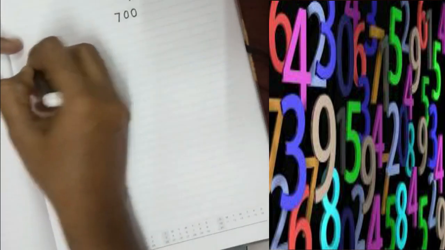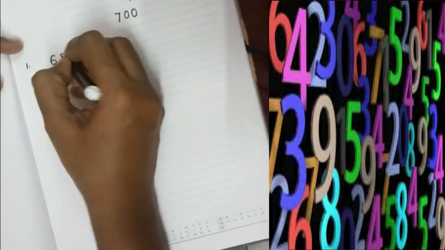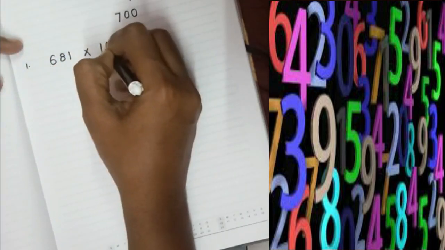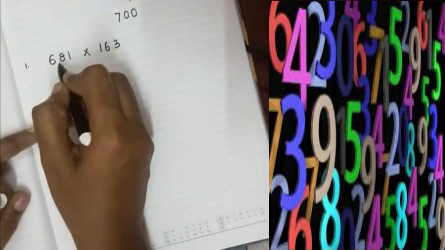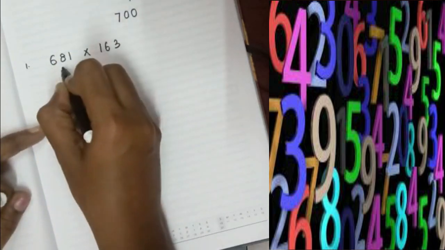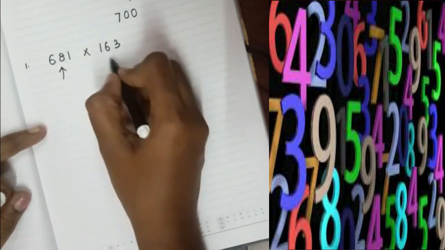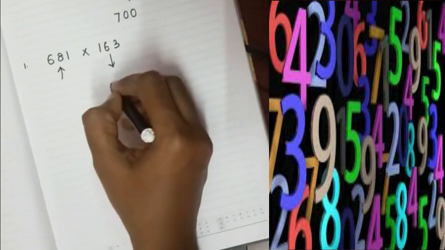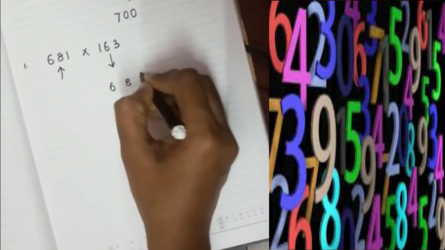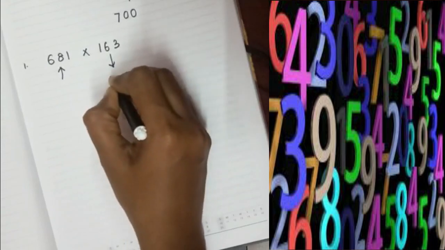Okay. So first, 681 multiplied by 163. First number upwards. Second number downwards. First take 681. Ones, tens, hundreds.